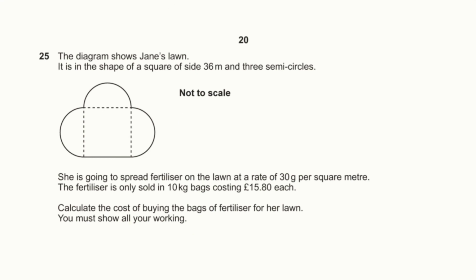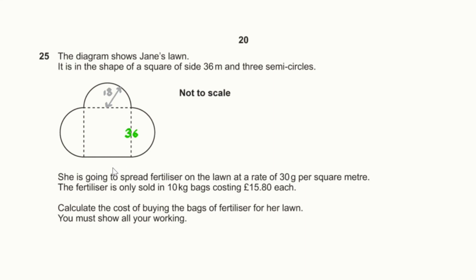So what we're saying over here is we've got 36 here, here, here, and also here. Now, if that's the case, that means the diameter is 36, and so the radius going from here to here will be 18.